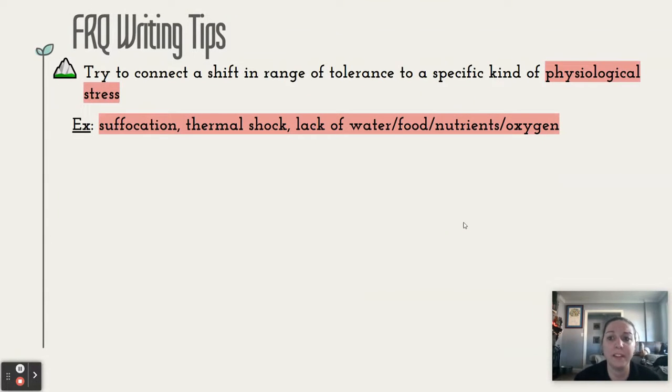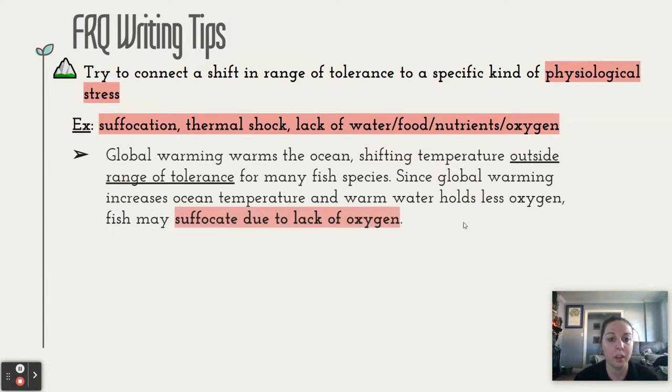So, when I say physiological stress, I'm talking about things like suffocation, thermal shock, lack of food, water, nutrients, or oxygen. So here would be a really good answer, okay? So instead of just saying global warming warms the ocean, shifting temperatures outside the range of tolerance for many fish species, which is true, add that extra detail in there.